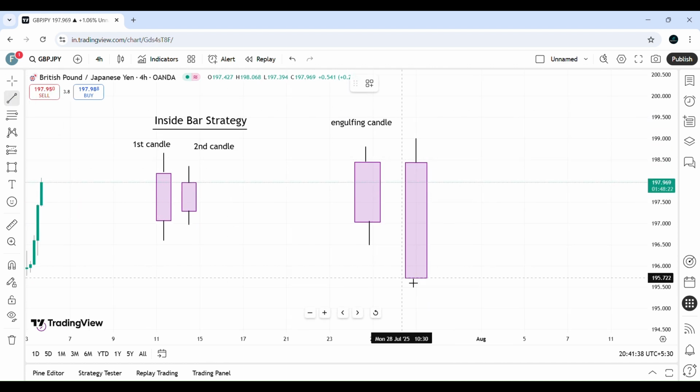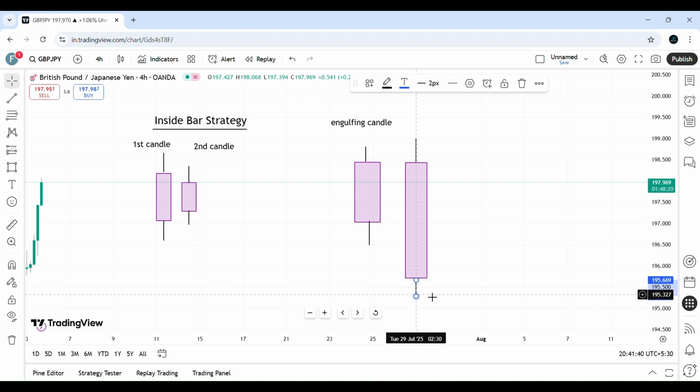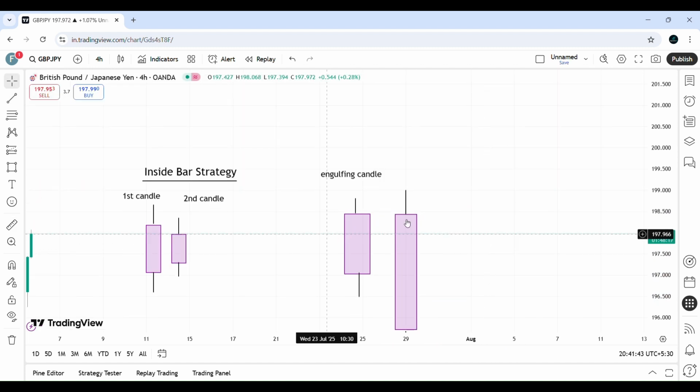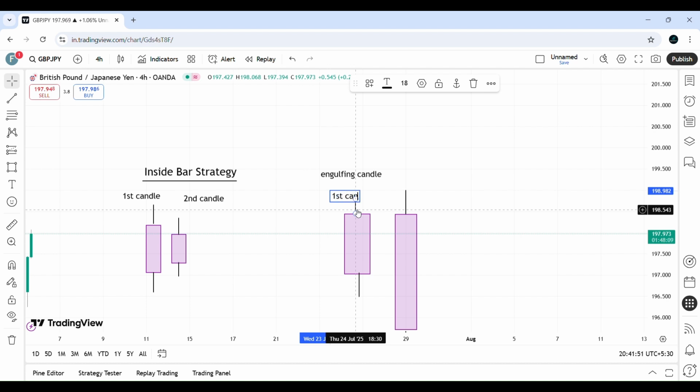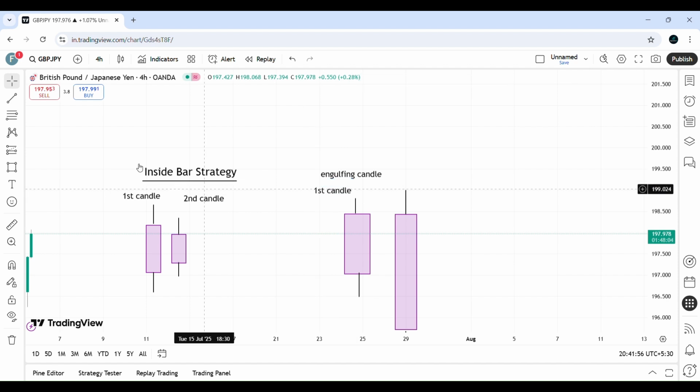So in the case of an engulfing, you take two candles again. First candle, and second candle.